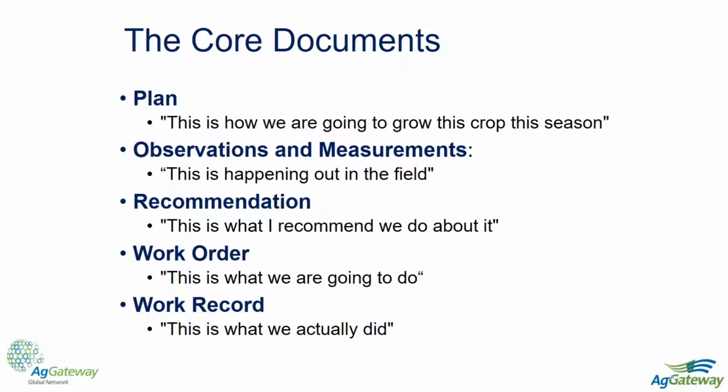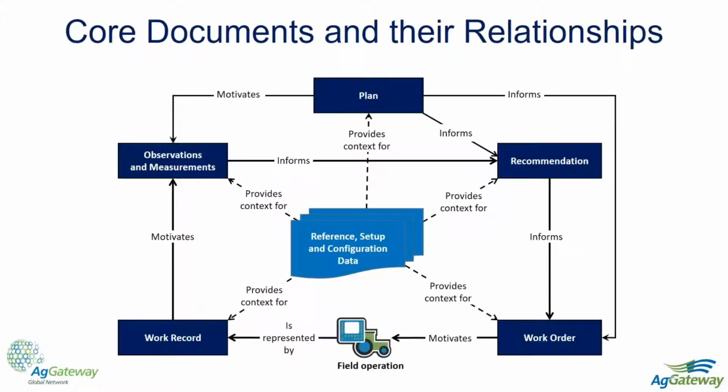A work order, where someone with authority takes the recommendation and decides what is going to be done and what kind of field operation may be performed as a result of the above and the details thereof. And then the work order motivates the field operation itself, which in turn is captured by the work record, which describes what was actually done.